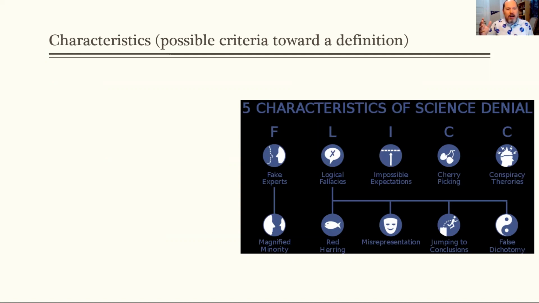Maybe they have a degree, and so they seem impressive because they have a PhD, but it's not in the correct field, or they're willing to take money to join one side, and so it tries to magnify their minority view and say, look, we have experts of our own. So yeah, reliance on false authorities. That would be fake experts.